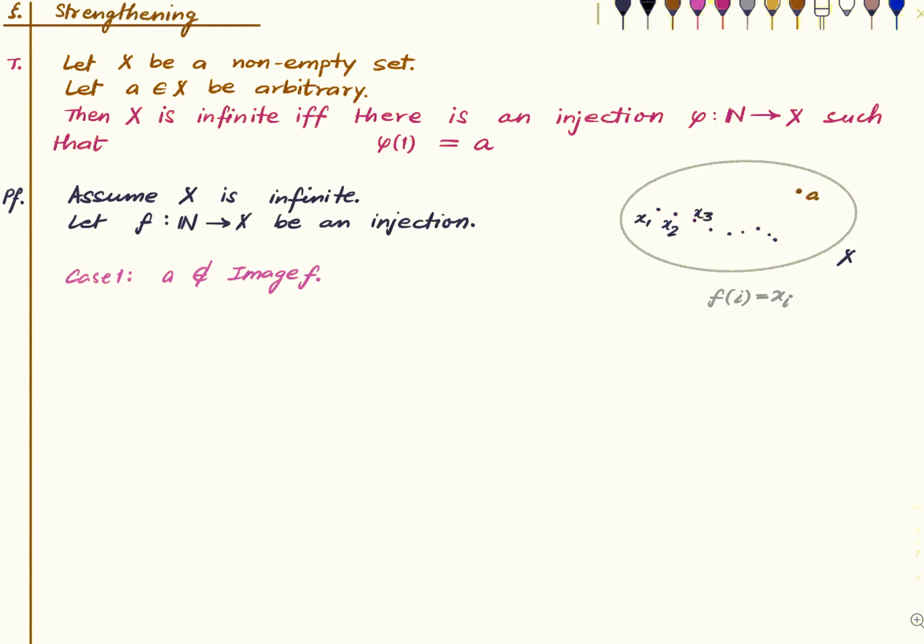Okay, so we will just create a new function. To define phi from naturals to X as follows.